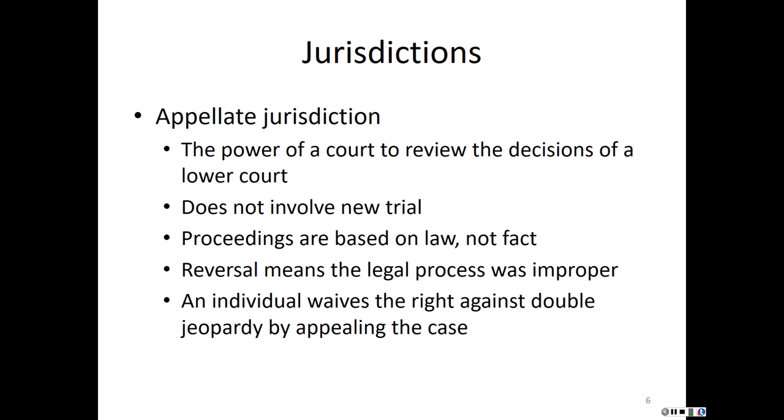The appellate courts, or it could be called the circuit courts, have the authority to review the decisions of the trial court. They get to decide if the lower court followed proper procedure.